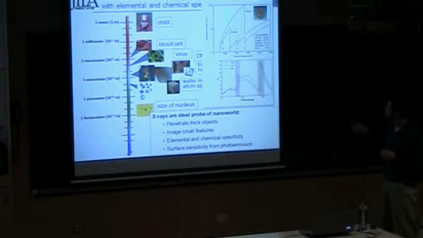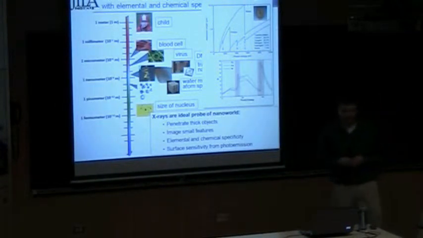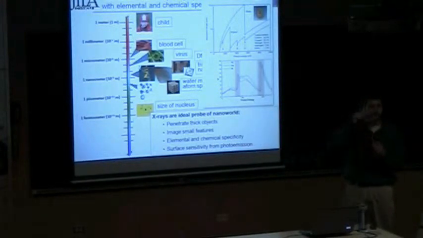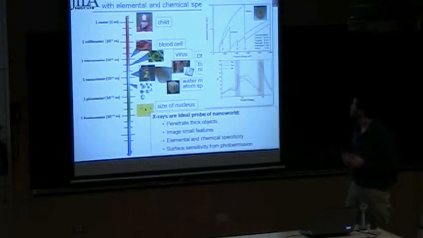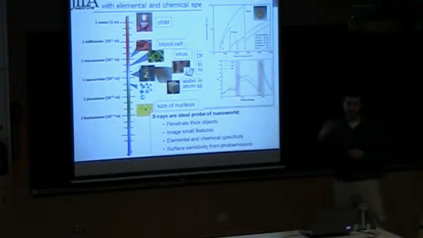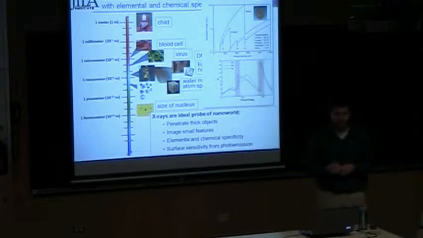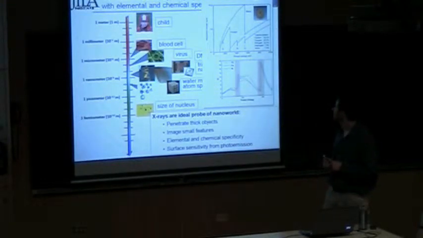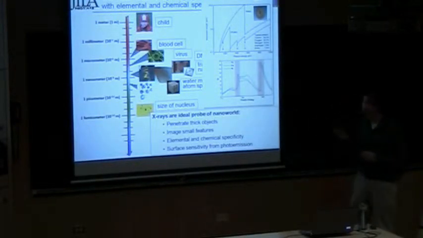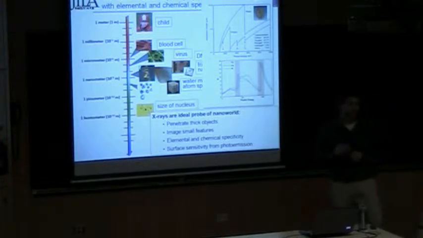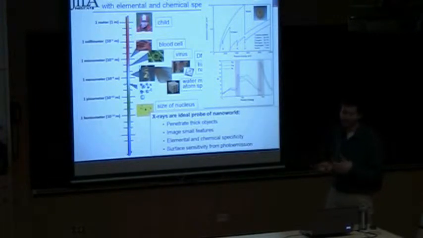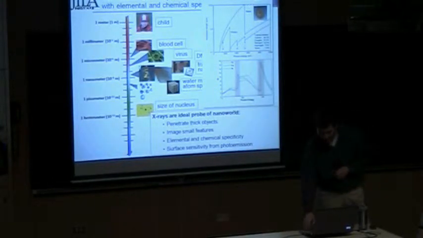Anywhere you see one of these sharp edges, that corresponds to having your photon come in with an energy just right to kick an electron out of the inner shell of an atom. Each element has a distinct set of edges. And also the local structure around the edge is going to depend on the chemical state that your atom is in. So you can do imaging with both elemental and chemical specificity.